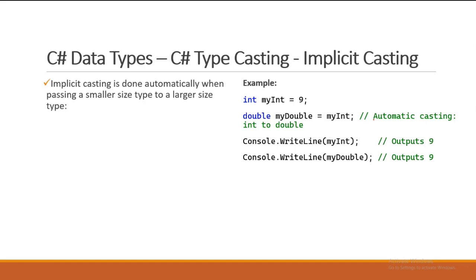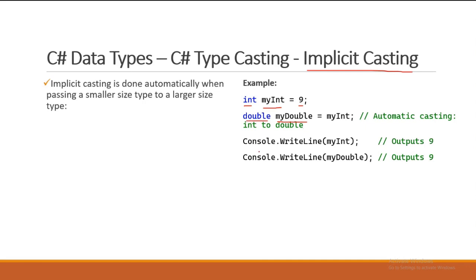Okay, let's see. Here you can see that my int is an integer and it has a value of 9, and it is an example of implicit casting. And here we created another variable, my double.